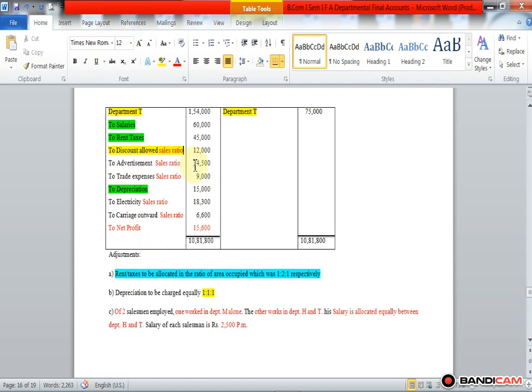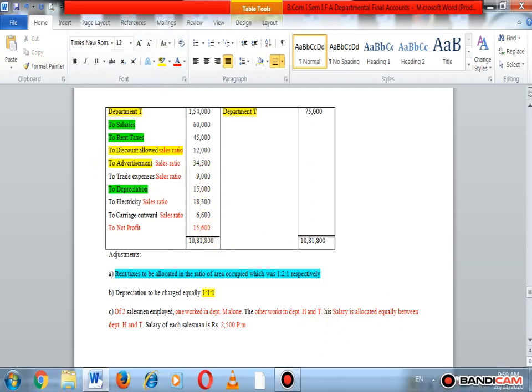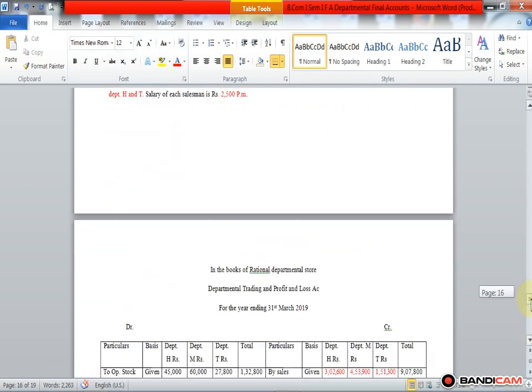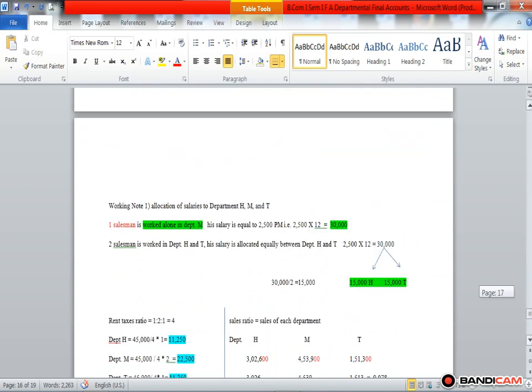Okay, advertisement 34,000. So allocation of advertisement 34,500 is allocated between each department.